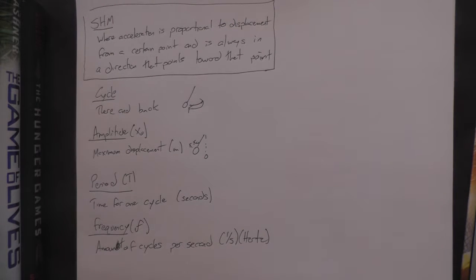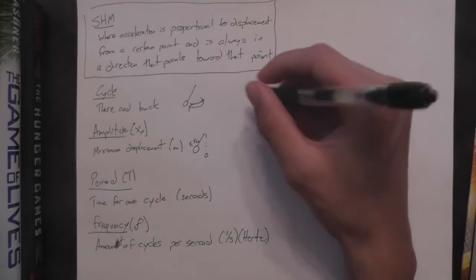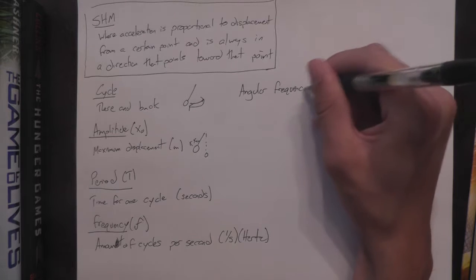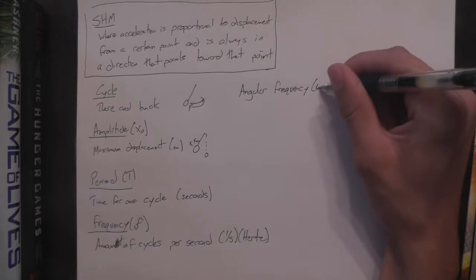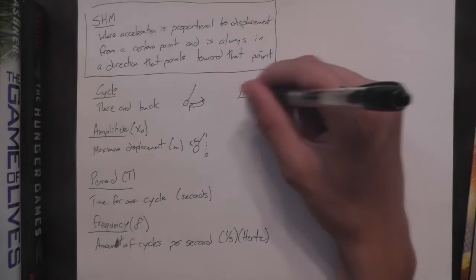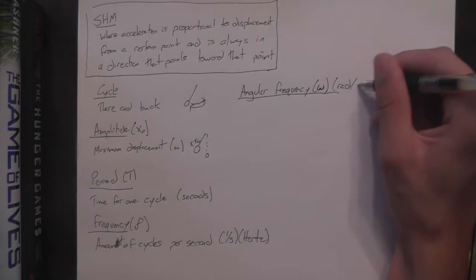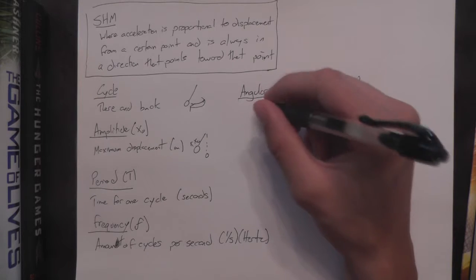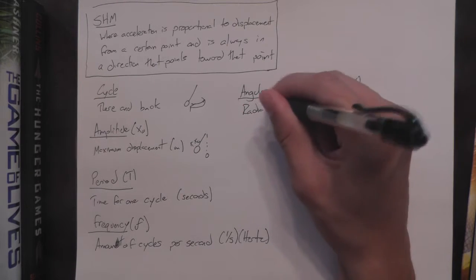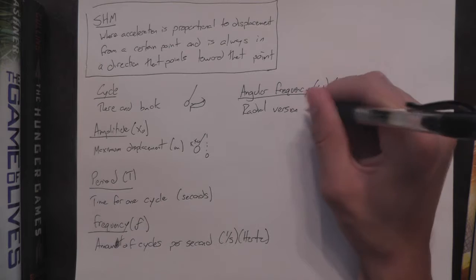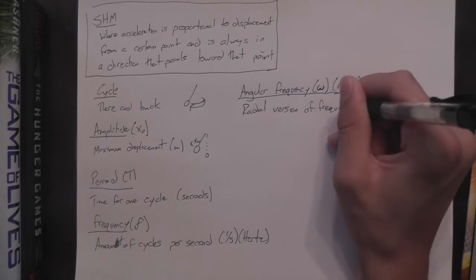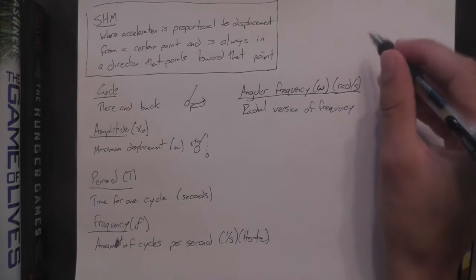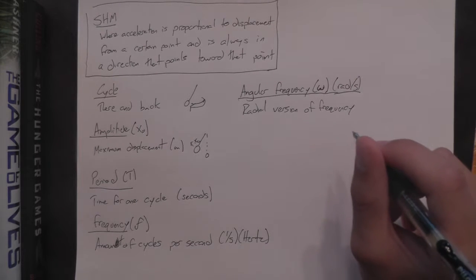And finally, we have kind of a key value here, angular frequency, which actually is the same as our good old friend angular velocity from our last section, measured in radians per second. But when we're talking about simple harmonic motion, it simply is the radial version of frequency. It's how many radians you covered per second, not how many cycles you covered per second.